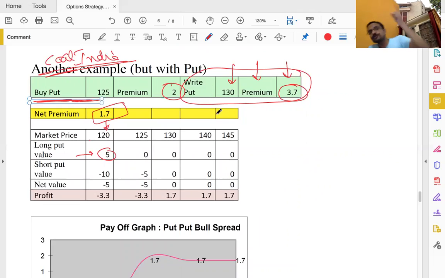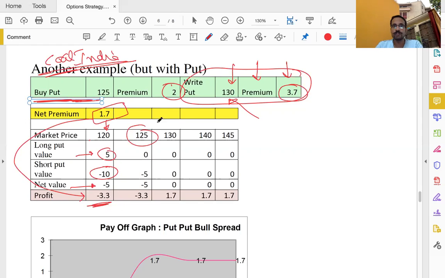But the person to whom you have sold the option to sell at 130 is also going to exercise, because market price 120 is lower than 130. That is going to give you a negative 10. So the net value from this long put and short put difference is negative 5. And even if you adjust your premium, you get minus 5 plus 1.7, which is still negative.